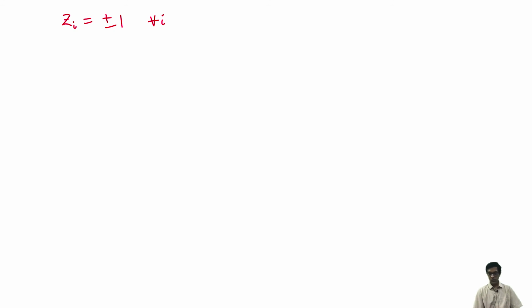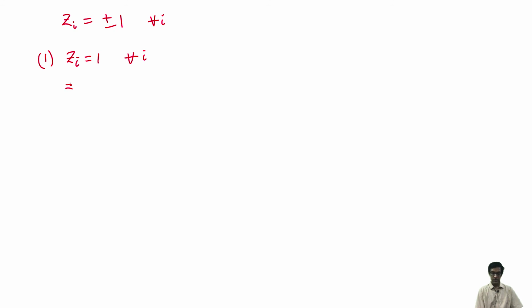Now there are two cases. Either Zi equals plus 1 for all i. That gives me one obvious homomorphism, the identity homomorphism, where everything maps to the identity.